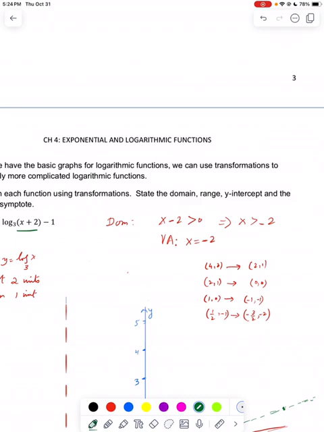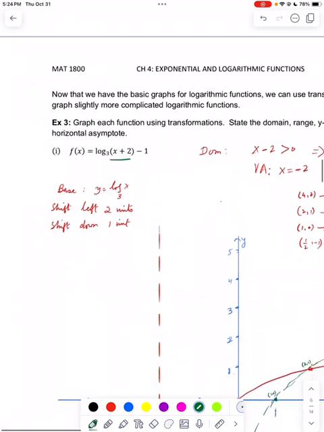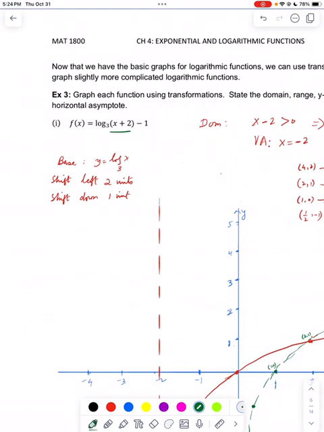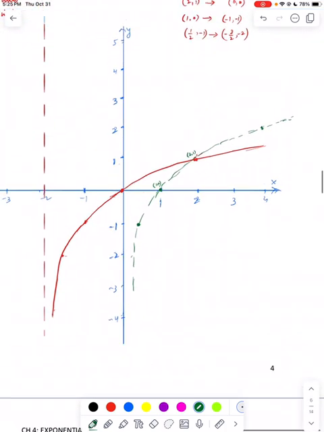So we write our transformations here. The base function is y is equal to log of x base 3, and there is a shift left 2 units, and then there is a shift down 1 unit. So these are the only 2 transformations in this function. And I first plotted with the dashed green line the original function.